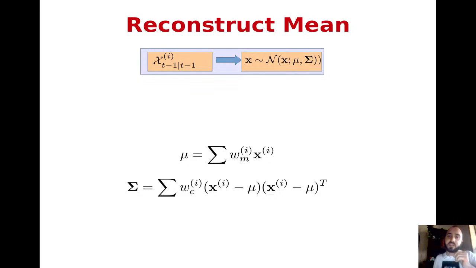If I have a set of data points and I want to know the mean and the covariance, I follow exactly these formulas, including the weights. The weights tell me how much probability mass each of these points brings with it, in a way.